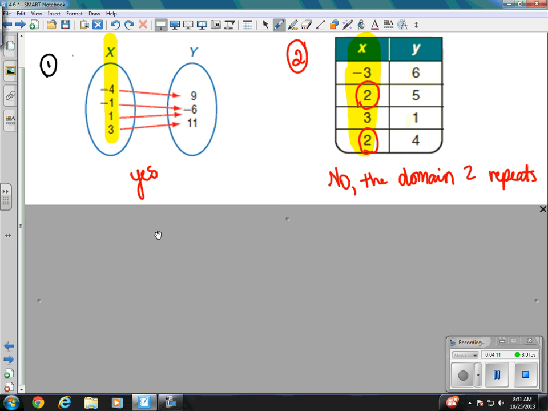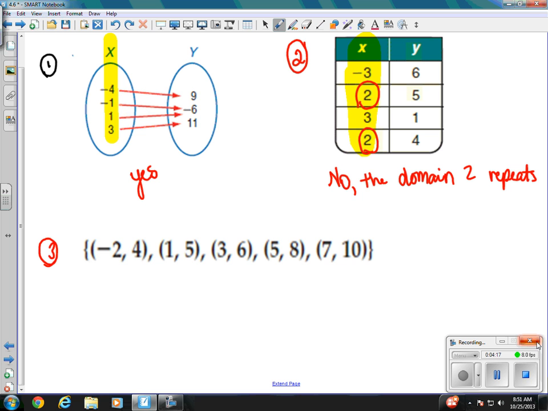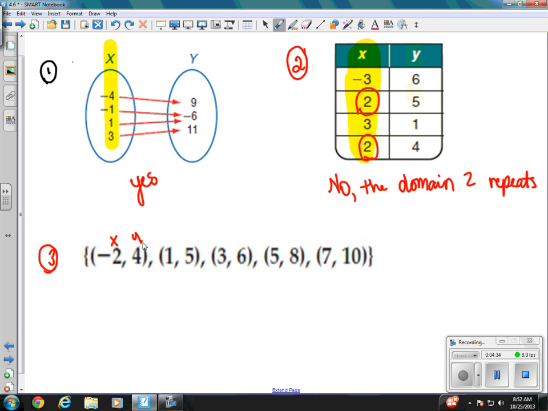Okay, and our last example gives us a set of ordered pairs. The relation is the set of ordered pairs -2, 4, 1, 5, 3, 6, 5, 8, 7, 10. Once again, it only cares about your x value. X is the first part of your ordered pair.